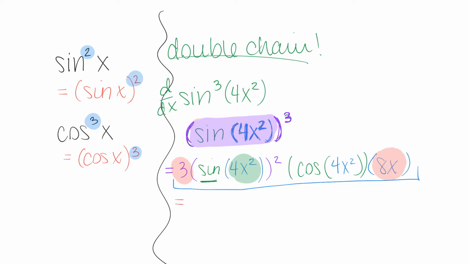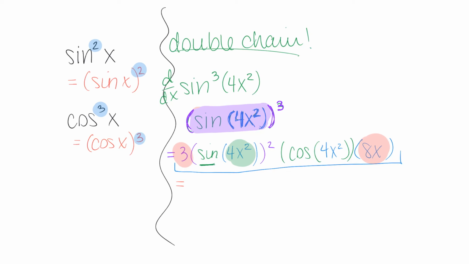So I'm going to put those in front: 24x. This sine of 4x squared is one big unit, so there's not much I can do there, but I am going to rewrite it as sine squared 4x squared, because that's just a little easier.